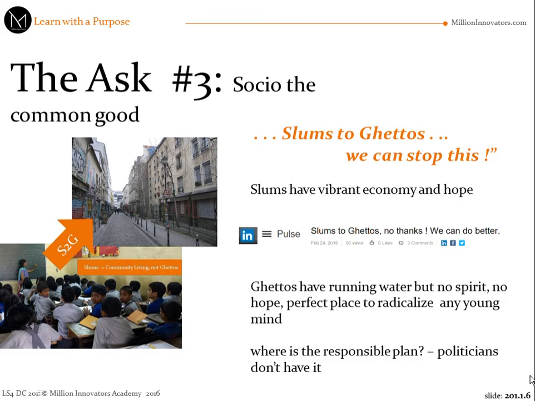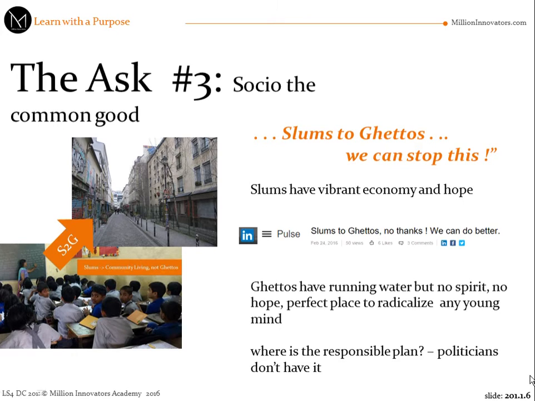Question number 3. I recently had the opportunity to visit a slum in Mumbai, India, where I saw a slum with a vibrant economy and hope. If we don't do something, the politicians and bureaucrats will convert this slum into what they call community living, which will eventually and very quickly become an undesirable ghetto.